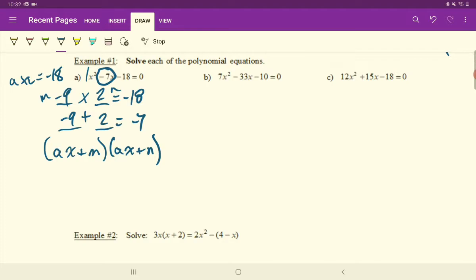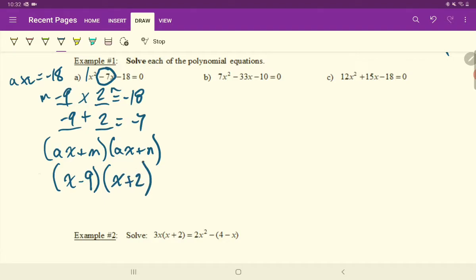So we actually don't have to write anything for a when a is 1. So we can simply write just x. So it's implied that there's a 1 in front of the x. Now plus m, but our m is a negative 9, so it's minus 9, right? Plus a negative just stays negative. And then x plus 2.